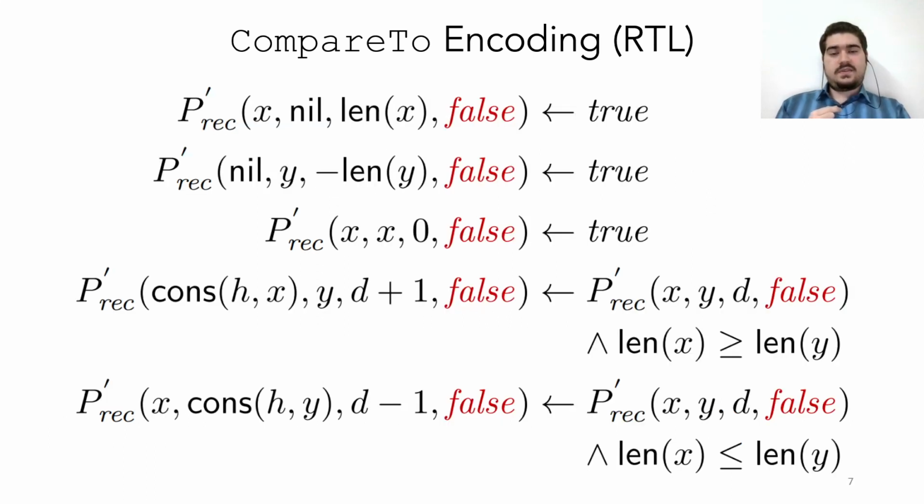The right to left encoding is more complicated, since we need to track the source of the comparison result according to the definition of compareTo. Here, another argument in the predicate indicates whether the result is based on a character difference. The first three horn clauses are the same as before, except that the fourth argument is false, meaning the comparison result is a length difference.